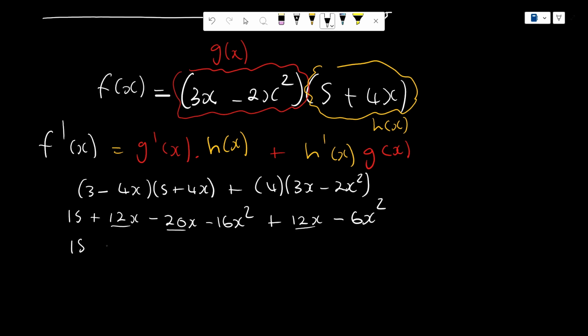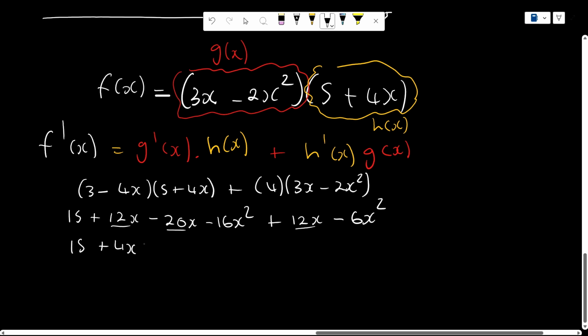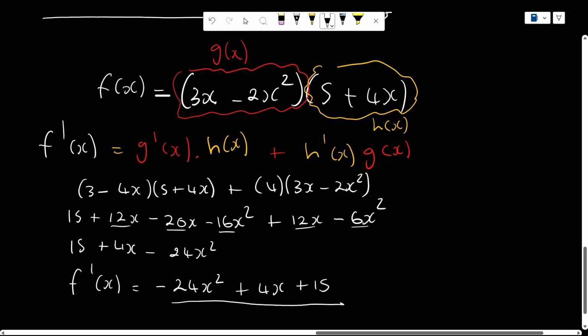So you get positive 4x, and then negative 16x squared, negative 8x squared, that is negative 24x squared. Okay, so our derivative in that case is equal to negative 24x squared plus 4x plus 15, right? If you have gotten the answer, then congratulations to you.